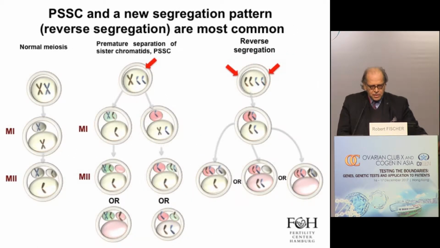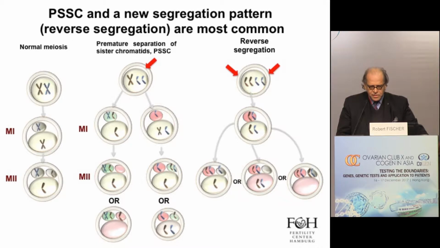The other situation is the premature separation, or so-called predivision, of the sister chromatids. And here what is happening is that you are getting different amounts of chromatids in the first polar body and different amounts of chromatids left. So you are getting at the end 4 different end results that you will need to be able to interpret.